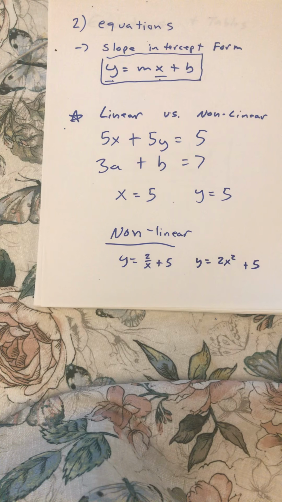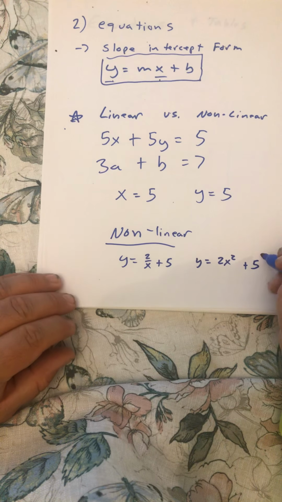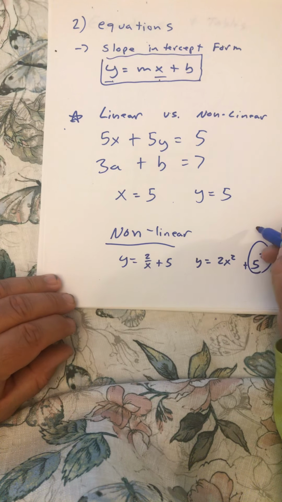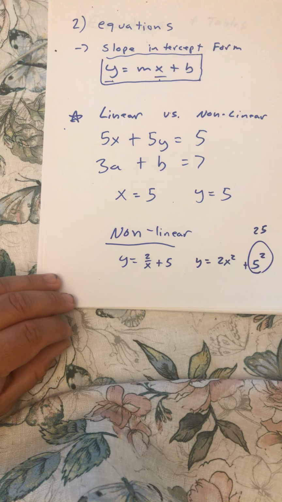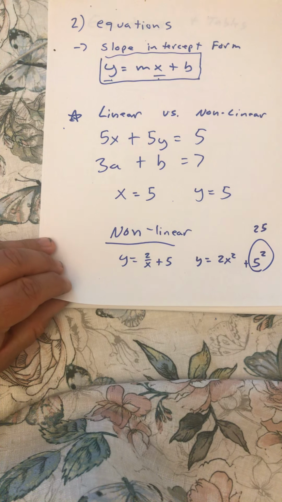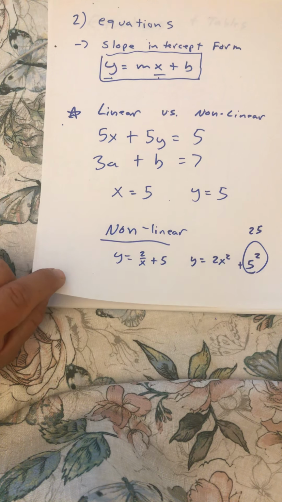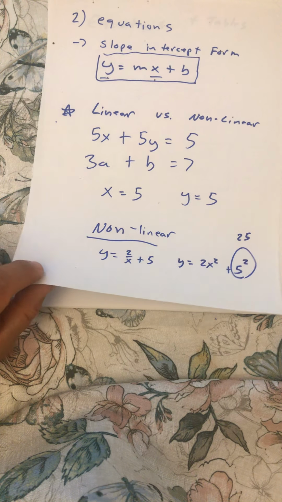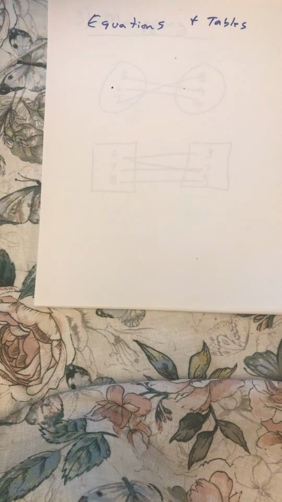So basically, if you have an exponent, unless it's an exponent of 1, that's the only time that you would want an exponent. So linear and nonlinear equations, and again, they can be either. But this year we focus mostly on linear equations as functions.